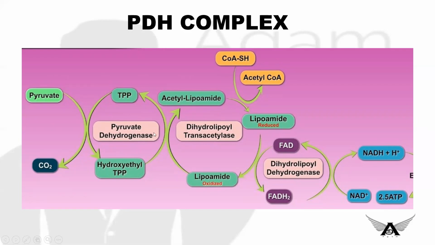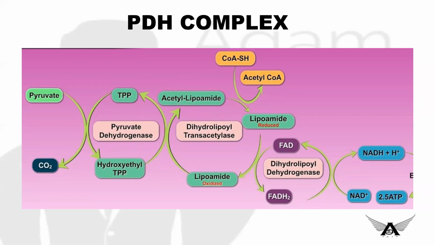In the absence of TPP, pyruvate cannot be converted into acetyl-CoA, so this pyruvate will be converted into lactate. So what happens? A large amount of lactic acid will be accumulated in skeletal muscles and leads to a condition called lactic acidosis. To prevent these sorts of conditions, TPP is required.